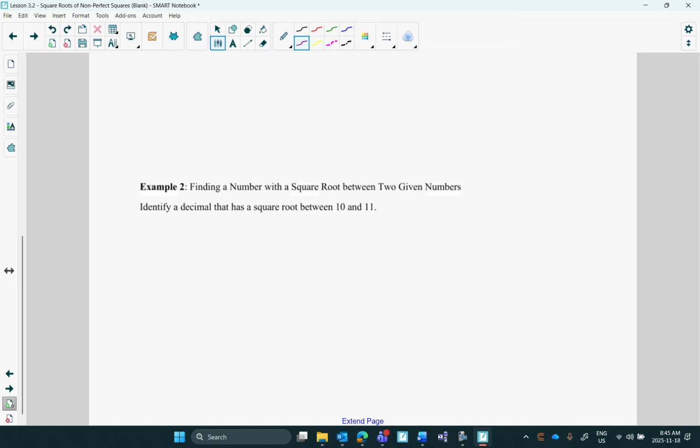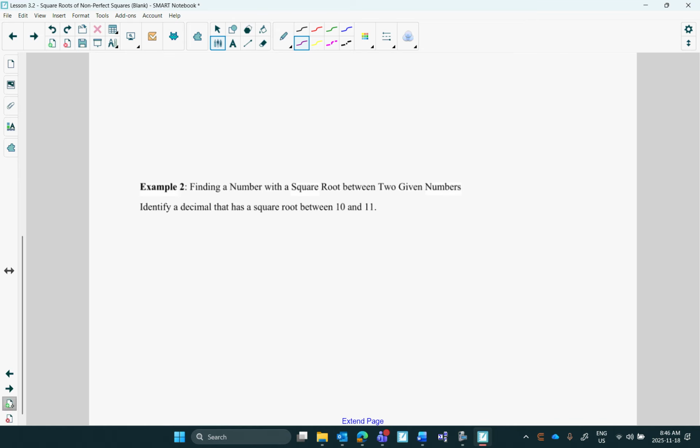This next one's a bit of an interesting one because you got to think about it. Write a decimal number so that when you take its square root, the answer is between 10 and 11. Give me a number. So 10.5?